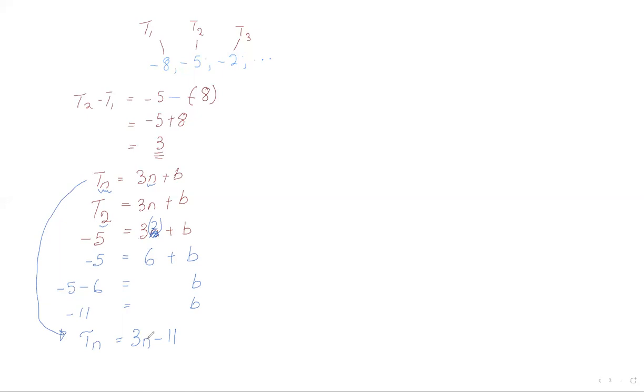If I say T3 will equal 3 times, I put a 3 there. 3 multiplied by 3 is a 9. 9 minus 11 is equal to -2.